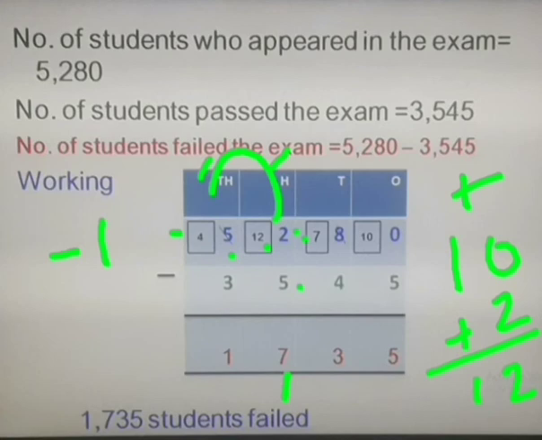In thousands column we have 4 and 3. So 4 minus 3 is 1. So children, we get the answer as 1735. So 1735 students failed in the exam.